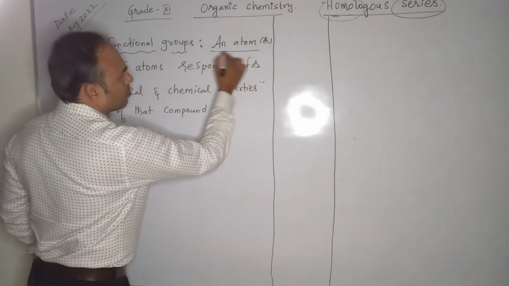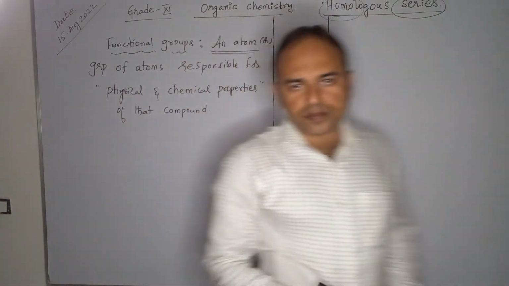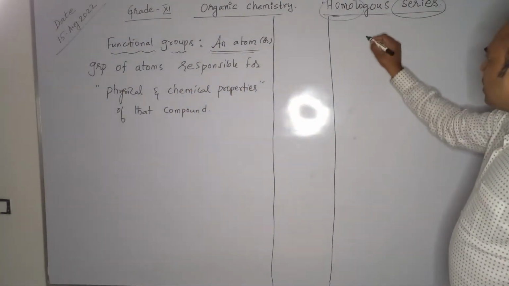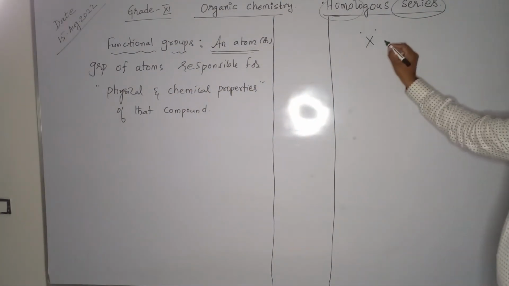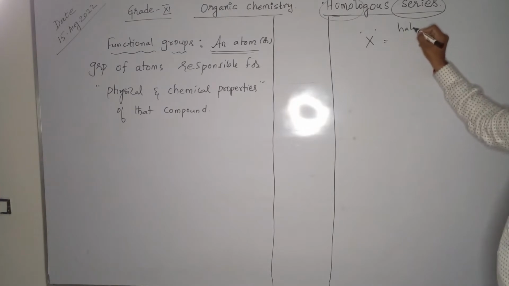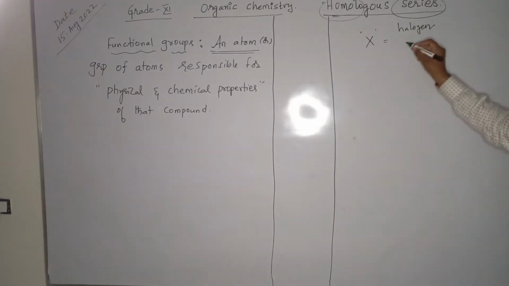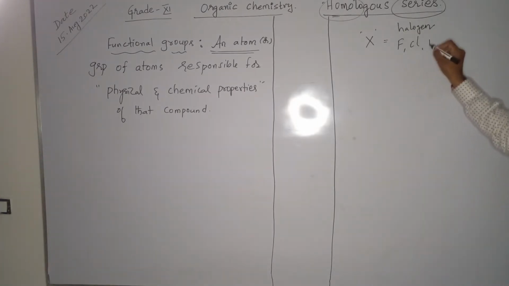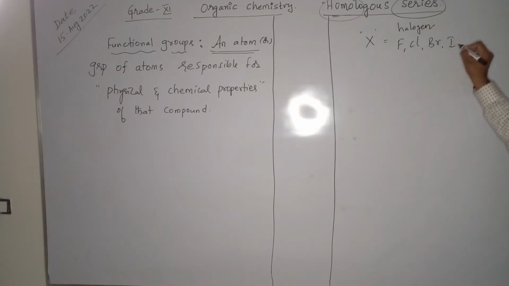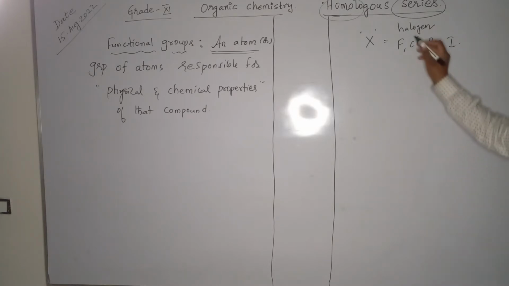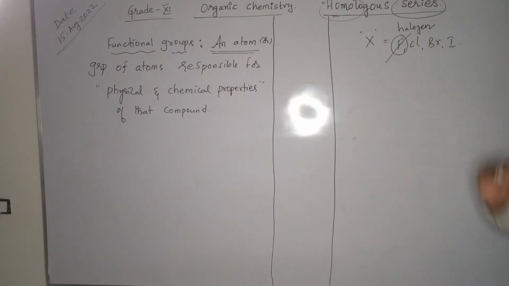Now, an atom. Let us take the example. If you are taking an atom, I will write X. What is X here? X is a halogen. You can take it as fluorine, chlorine, bromine or iodine. Once again, smallest size, maximum reactivity, avoid fluorine.